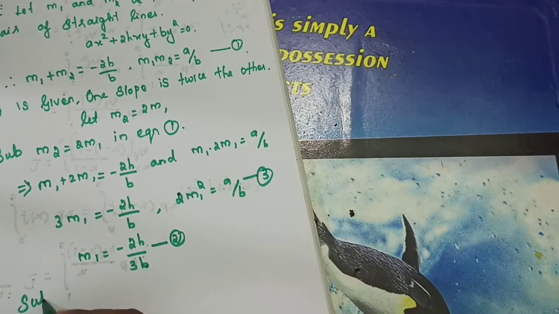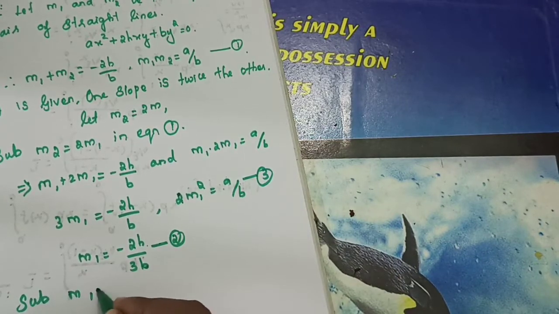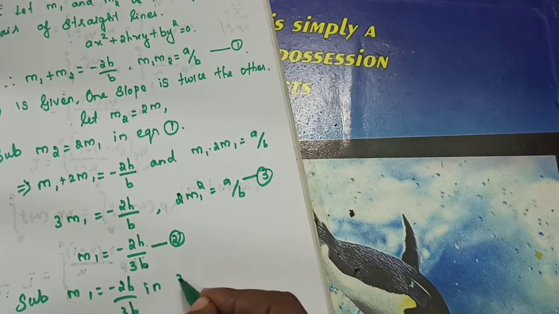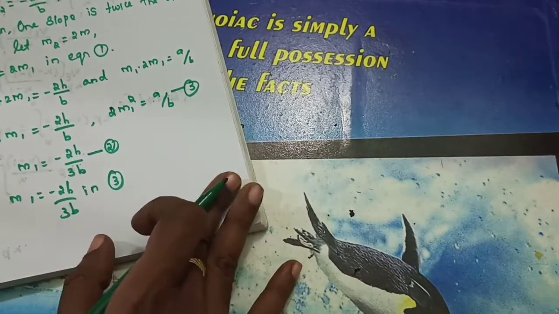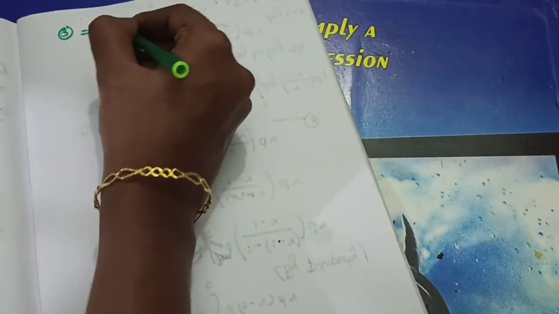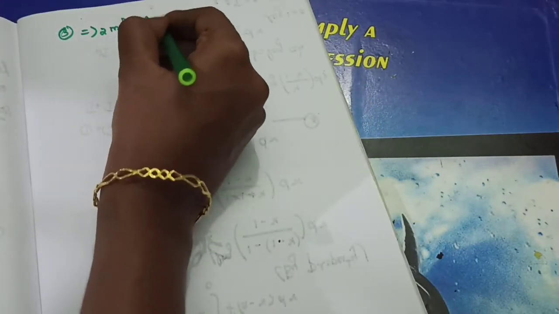Now substitute m1 equal to minus 2h by 3b in 3. The third equation is 2m1 square is equal to a by b.